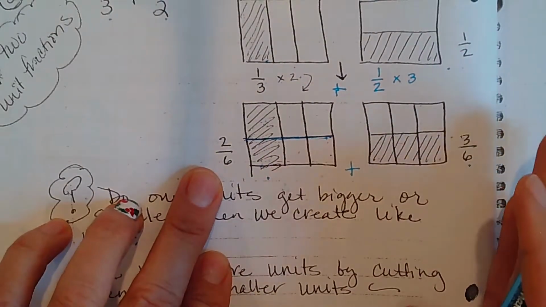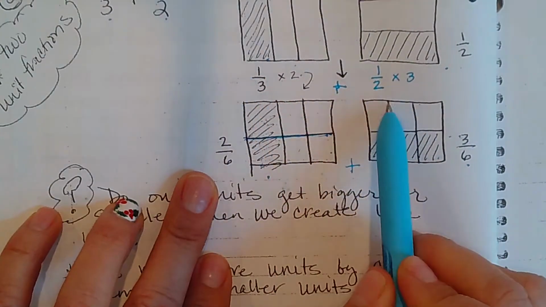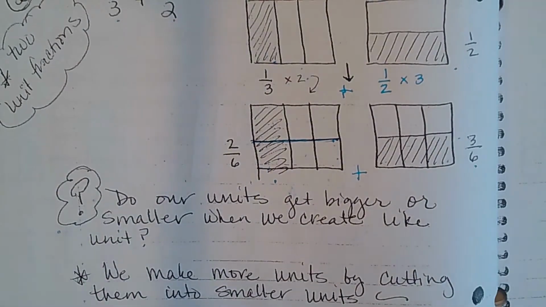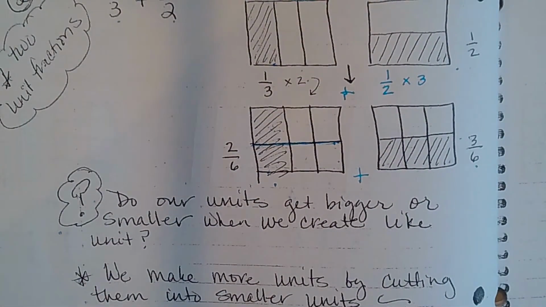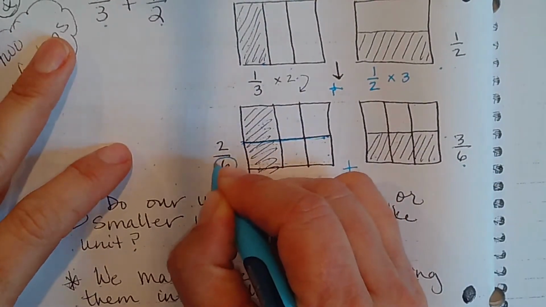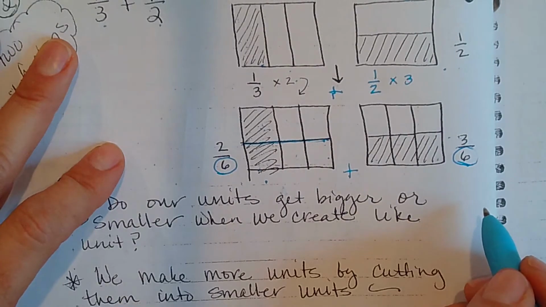I have not changed the fraction. The fraction still is 1/3 plus 1/2. I'm just changing it, creating like units so that I can add them together. And you cannot add or subtract fractions unless you have like units.